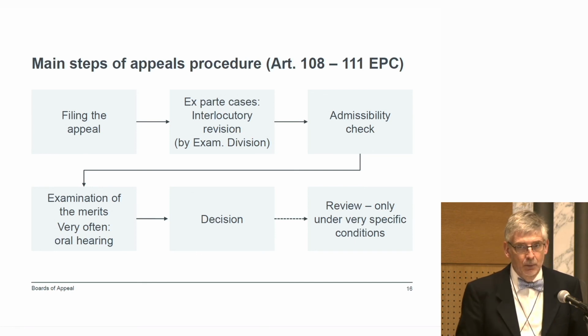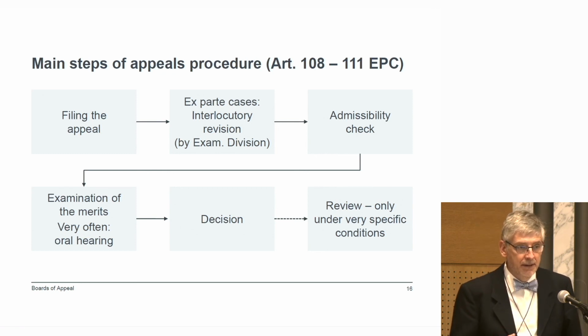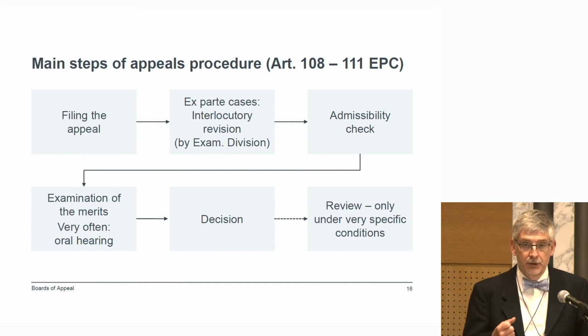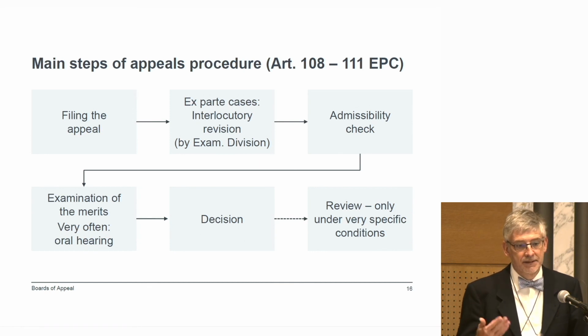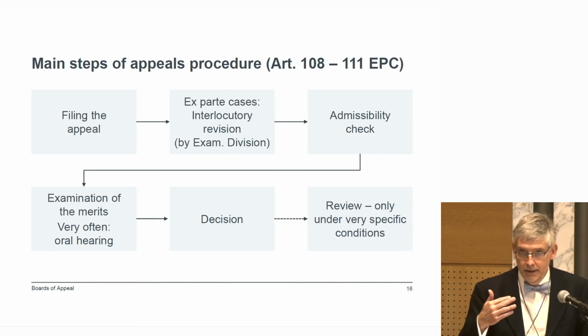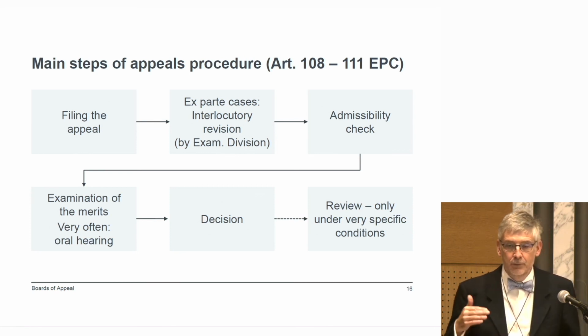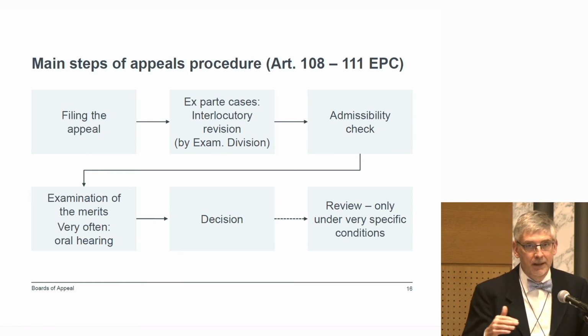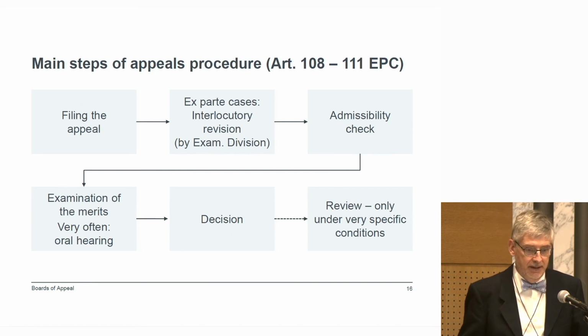And then only in what we call ex parte proceedings, i.e. appeals against a refusal of the grant of the patent by the examining division, an examining division is requested under the EPC to review its decision internally before the case is transferred to the boards of appeal, because the examining division might identify a problem, be it a procedural problem or a problem on the substance of the case, and might take the case again to continue the examination.